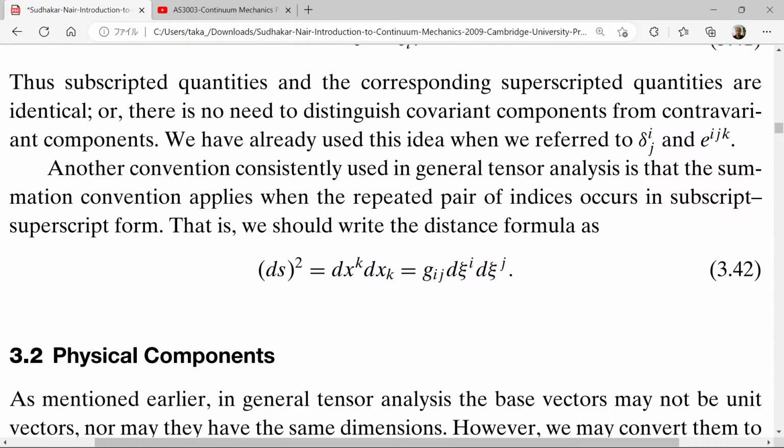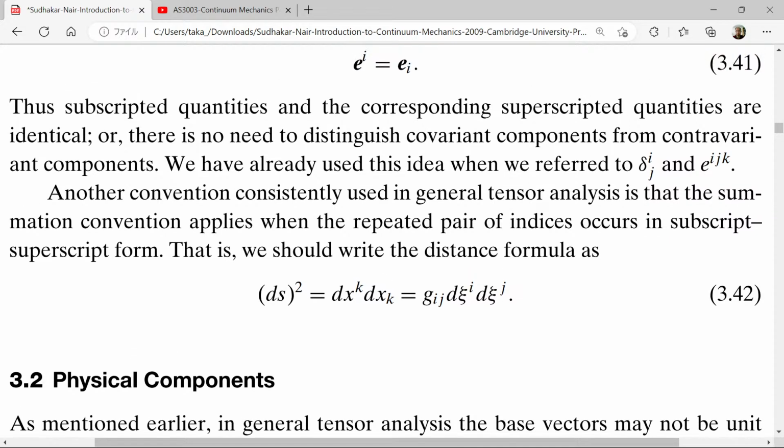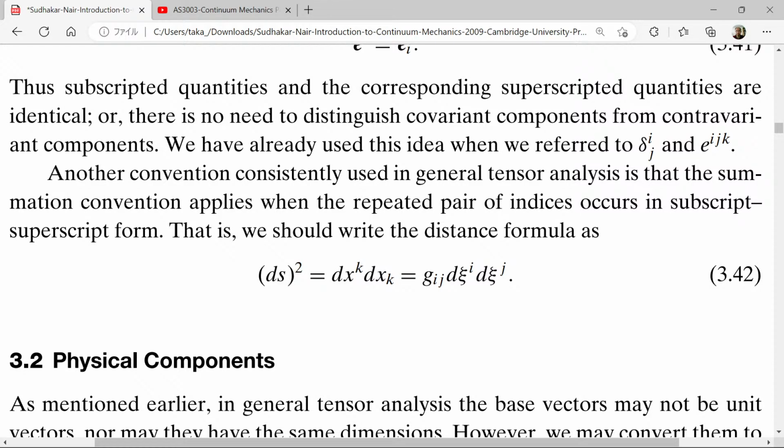We have already used this idea when we referred to the Kronecker delta ij and e_ijk. Another convention consistently used in general tensor analysis is that the summation convention applies when the repeated pair of indices occurs in subscript-superscript form.